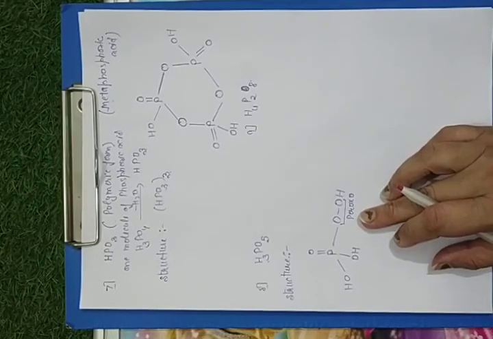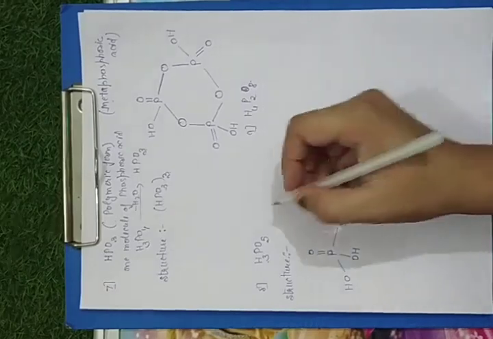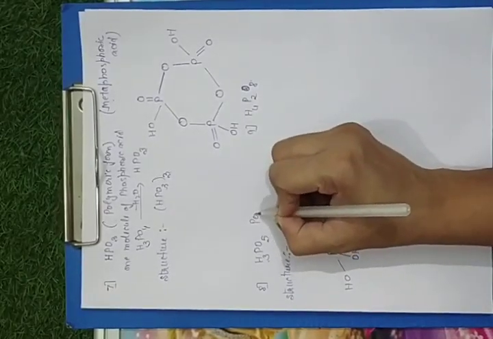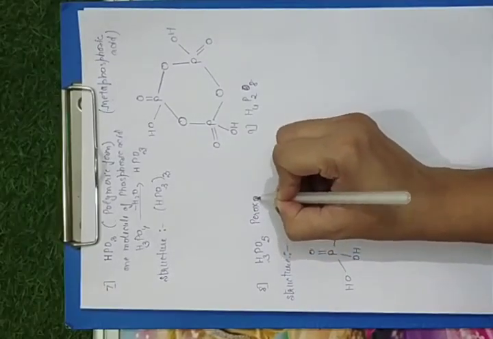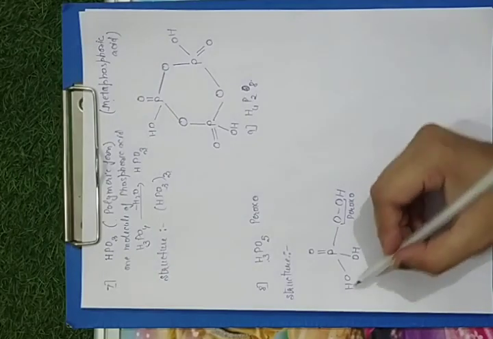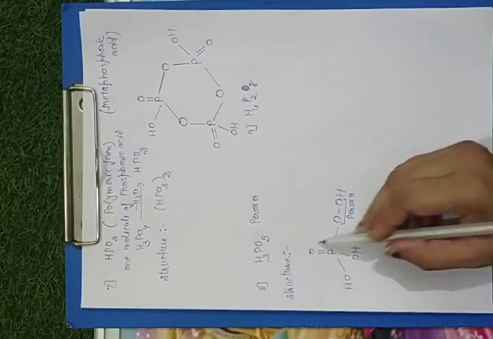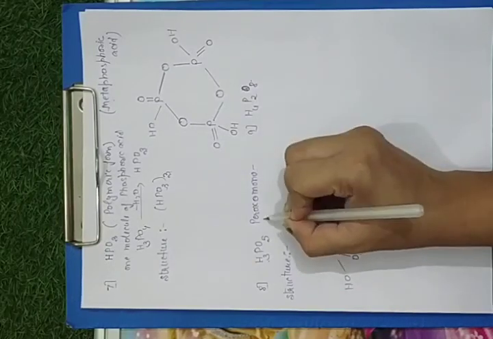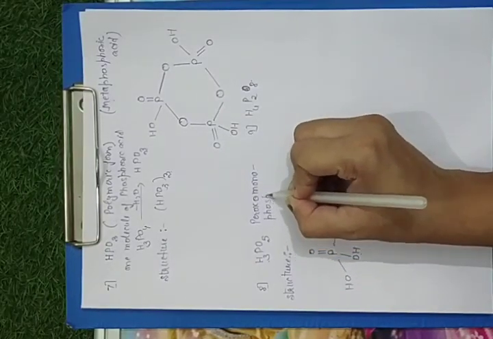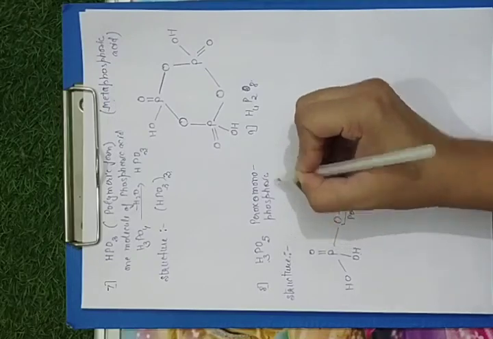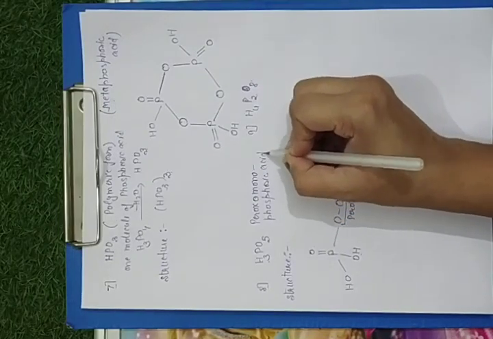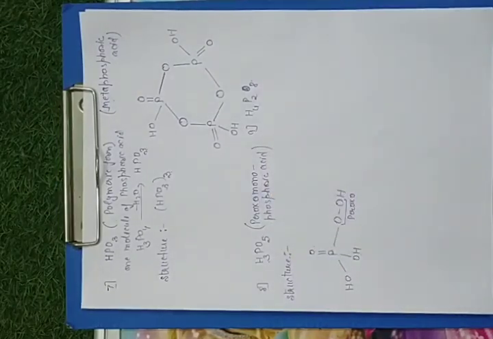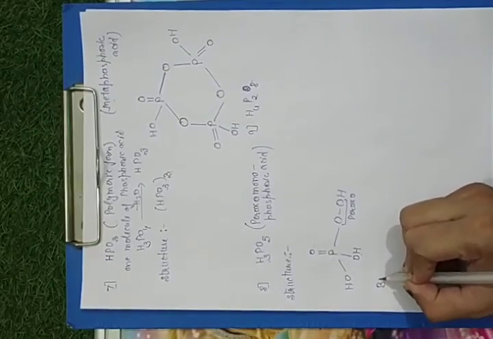Due to the presence of this peroxo group, and having a single unit of phosphoric acid, it is named peroxomonophosphoric acid.